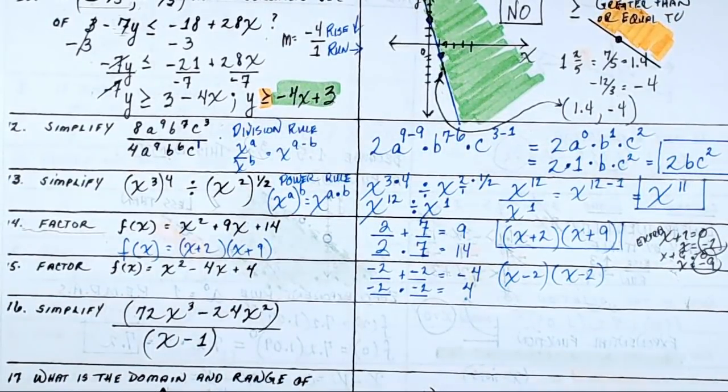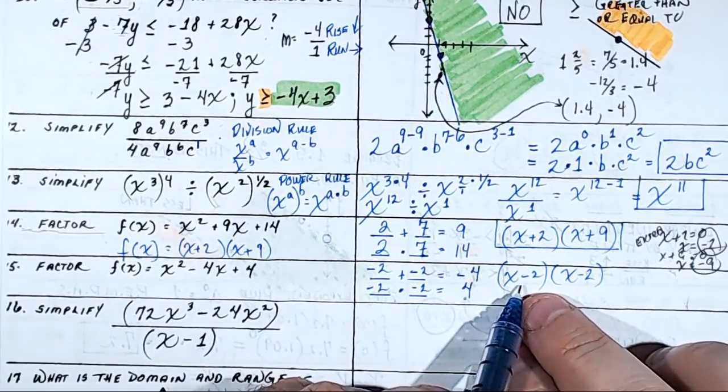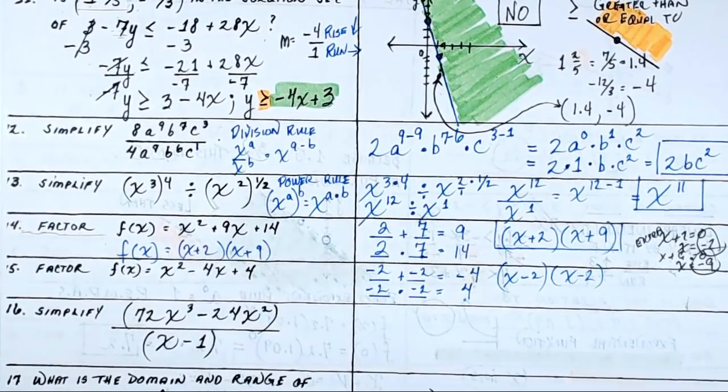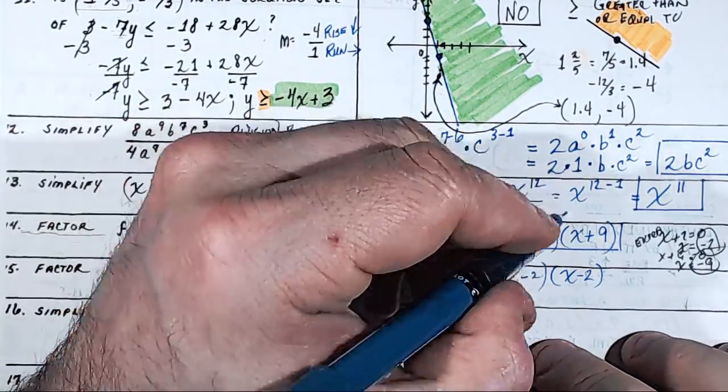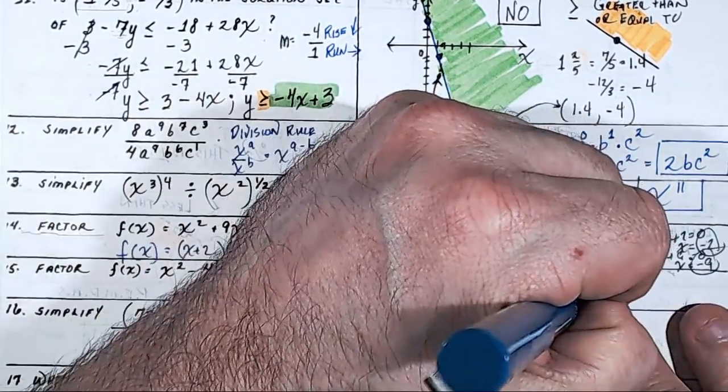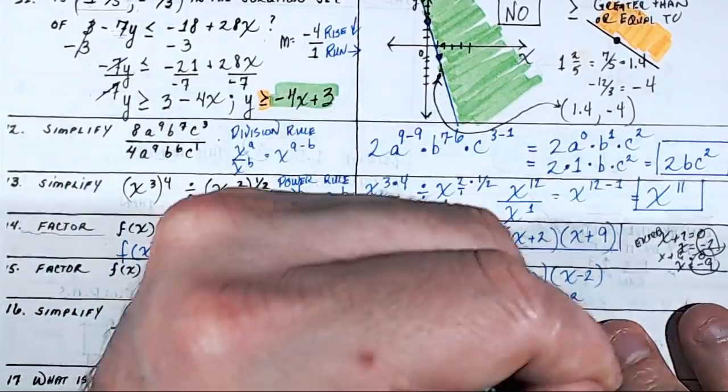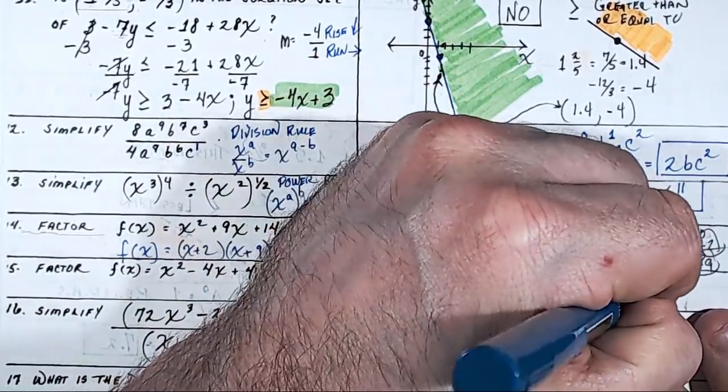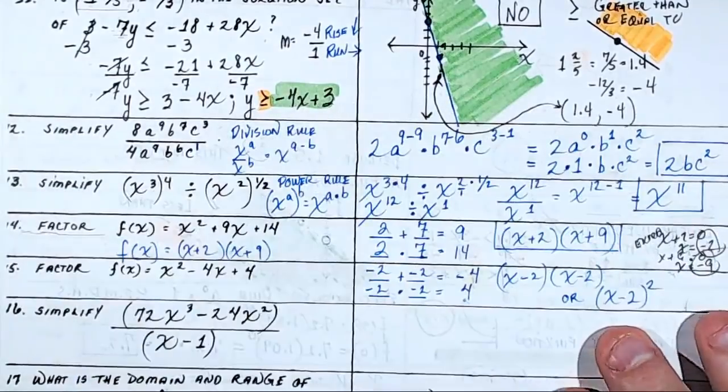But the pro game is to recognize that x minus 2 and x minus 2 are the same number. So another way to write that is x minus 2 squared.